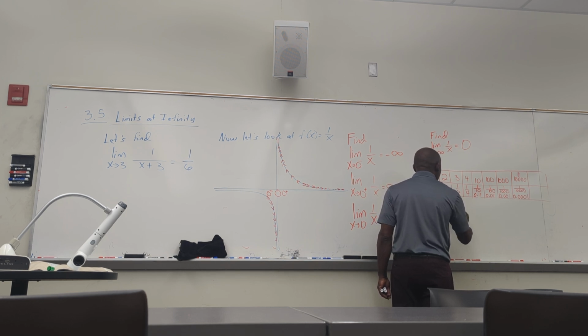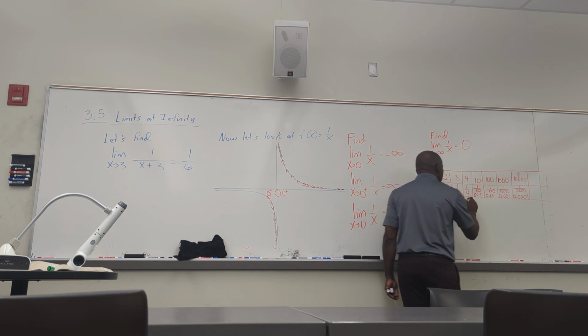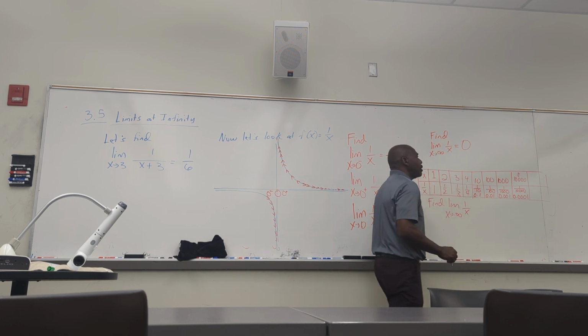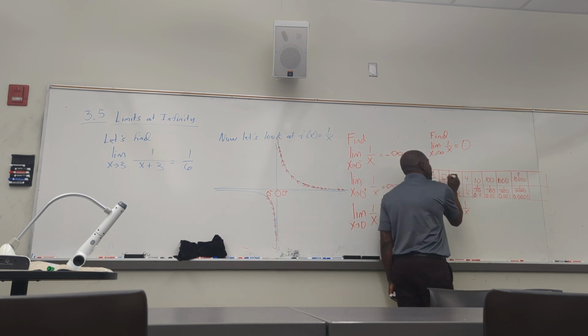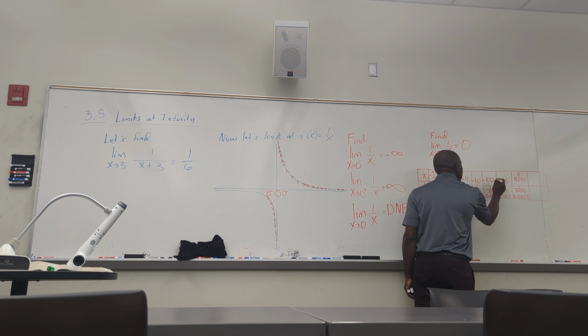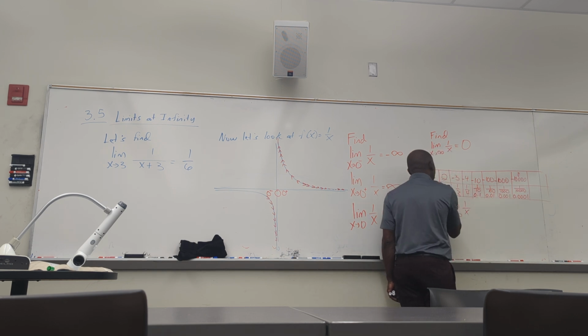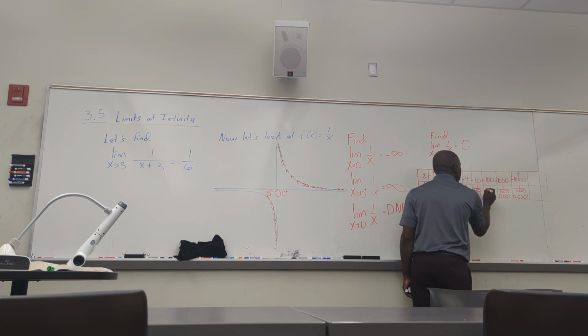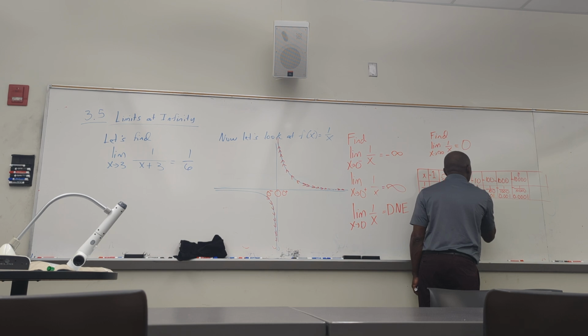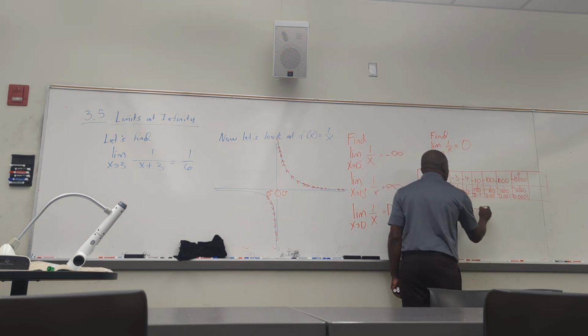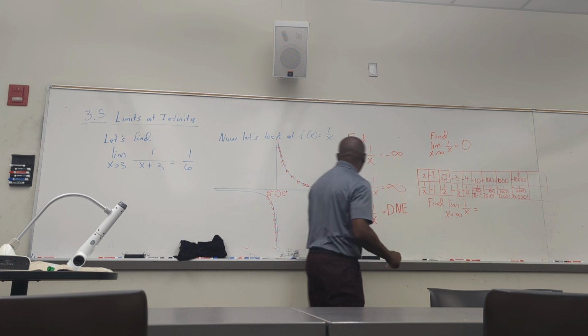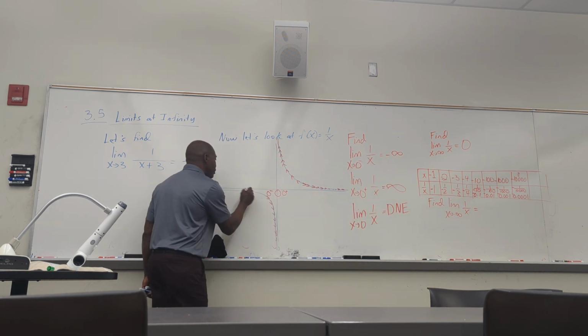Now class, if I ask you to find the limit as x goes to negative infinity of 1/x, hopefully you realize I can just change these to negative numbers. We good, class? Instead of being positive, they all gonna be negative. So where do you think the limit as x goes to negative infinity of 1/x goes? Look at the graph, class.